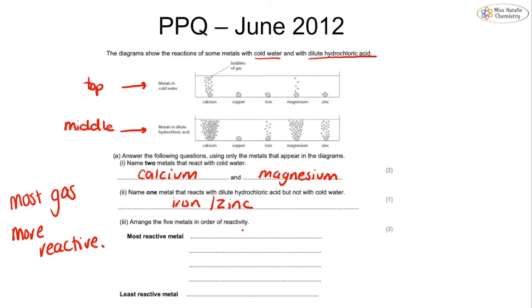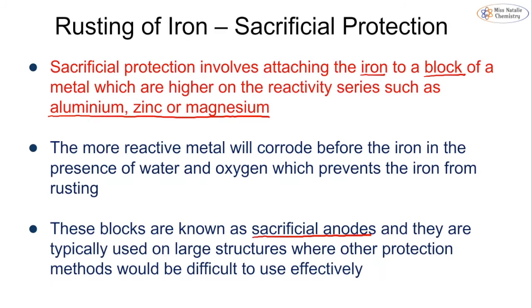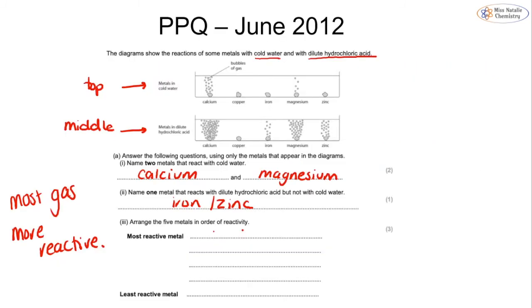So the calcium and the magnesium both react with water, but which one is going to be more reactive? Well, the calcium, because it's giving off more gas. So our most reactive metal is going to be calcium, followed by magnesium, because that also reacts with the cold water. Then we have to go down to the metals with the acid, and we look to see again which one is giving off the most hydrogen.